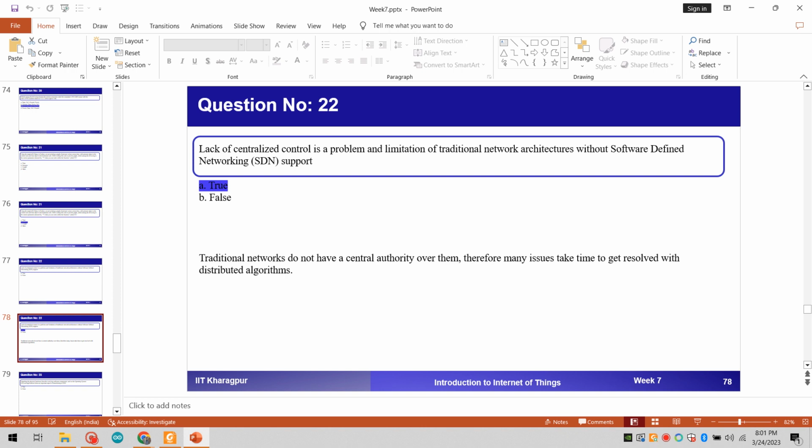If there is a centralized control, then we only need to make changes at the centralized controller. But in your traditional network there is no centralized control, so we have to make changes in other nodes also. I'm not saying that the system will go down. I'm saying that we have to make changes in other nodes also, so that the sender will not follow that particular path.